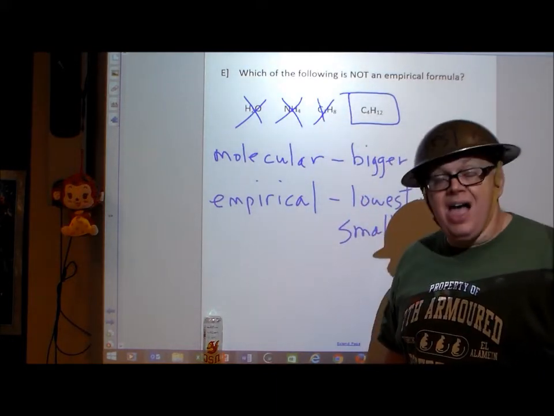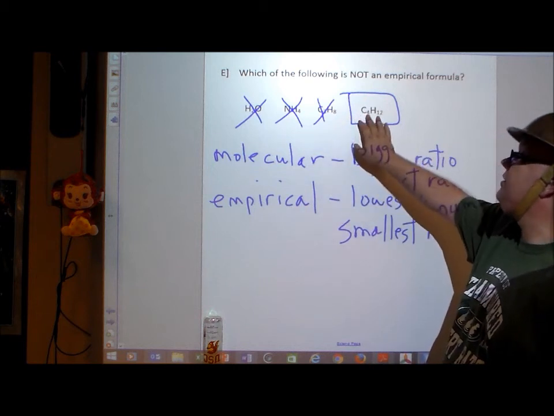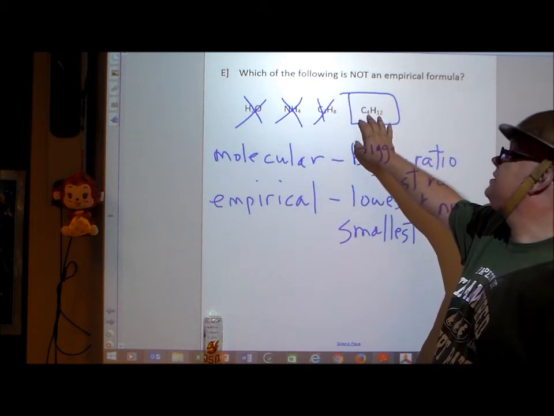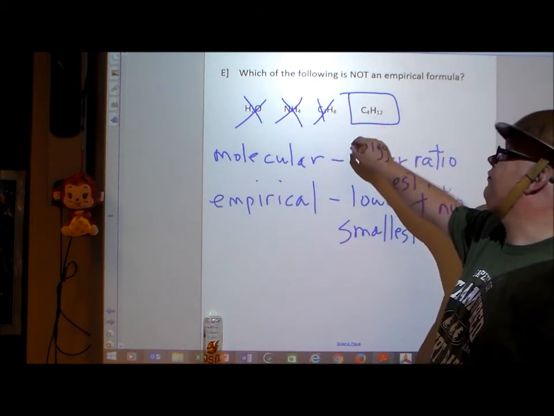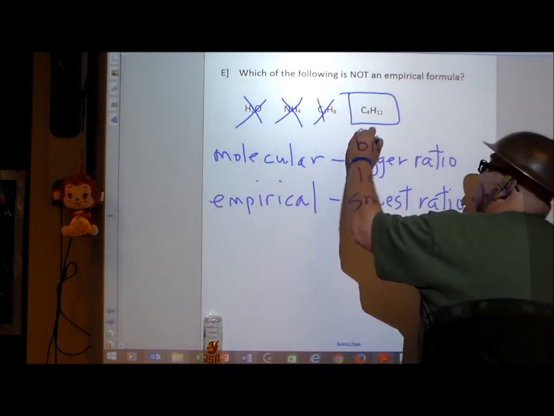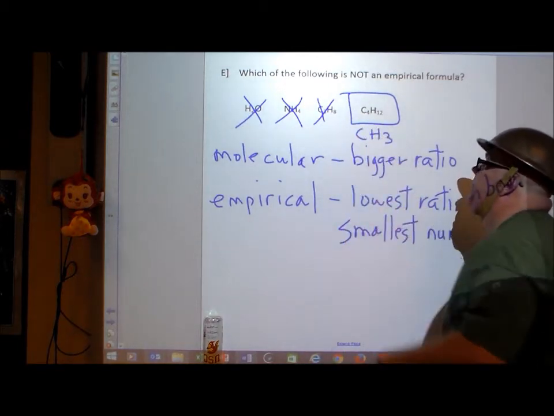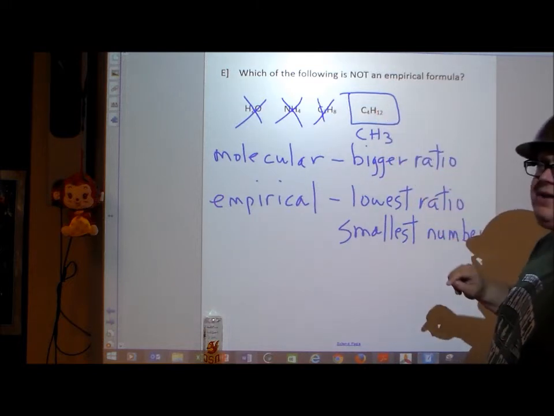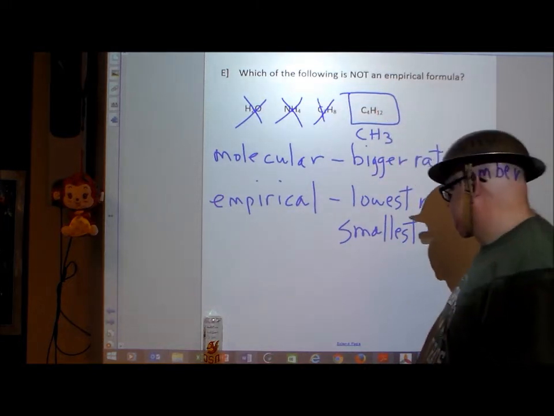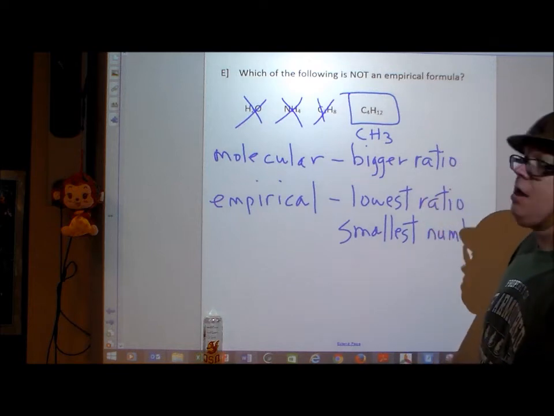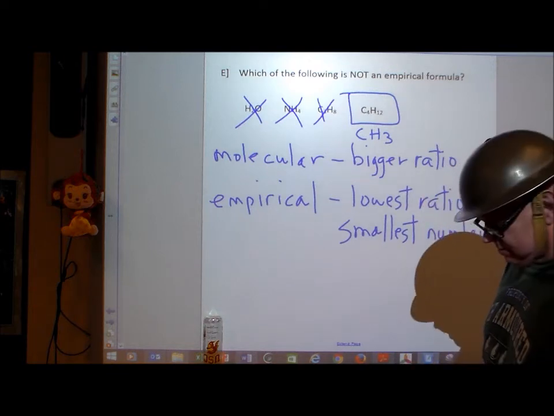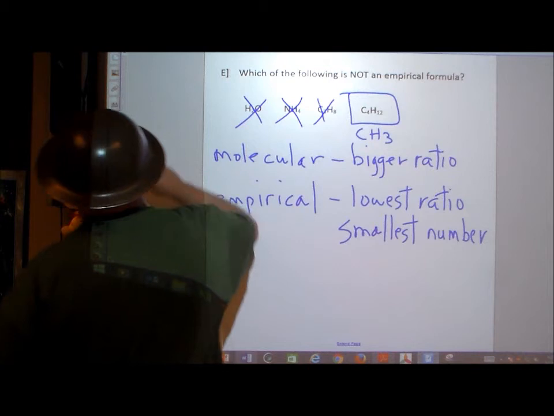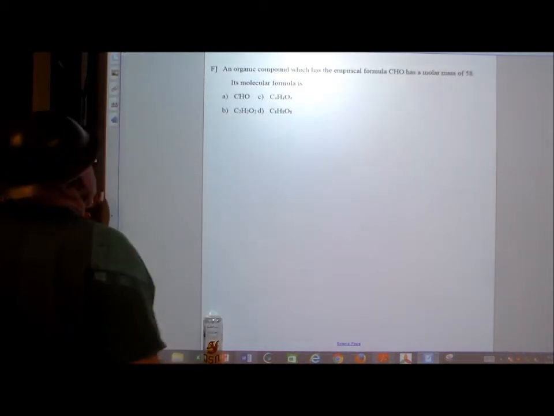It is not empirical, because we can break this down even further and say, okay, divide both sides by 4, and you'd get CH3. This is empirical, this is molecular. That's the difference. Okay? All right, any questions on this? All righty, let's move on.